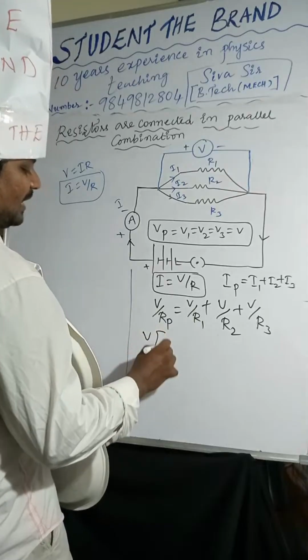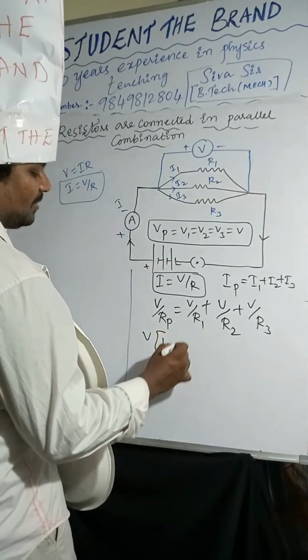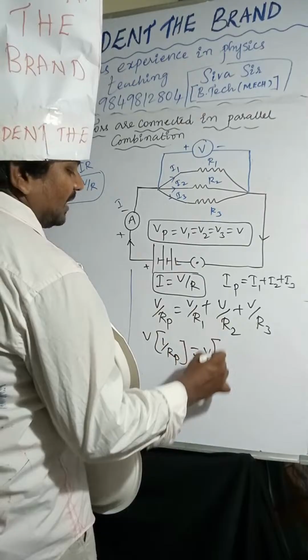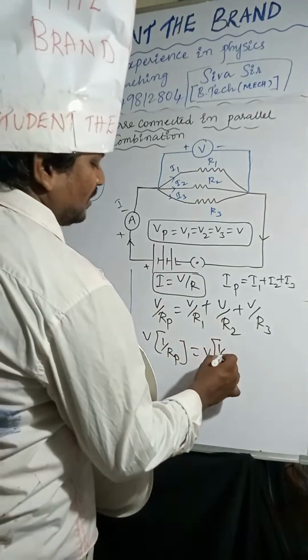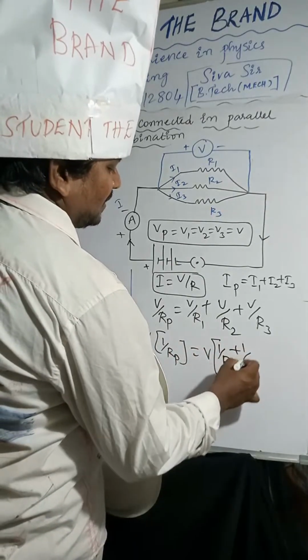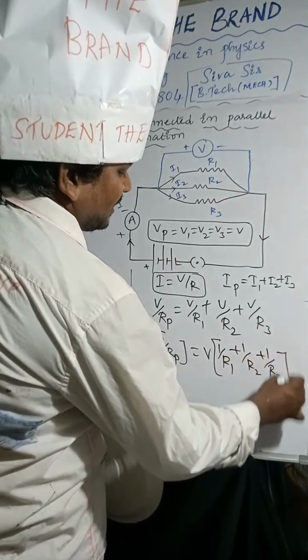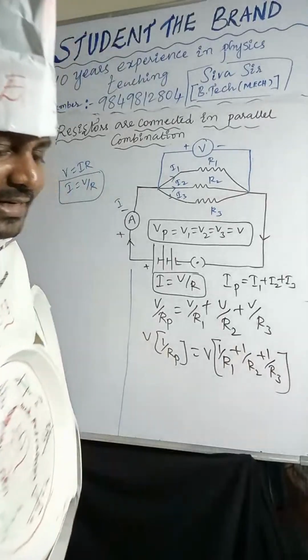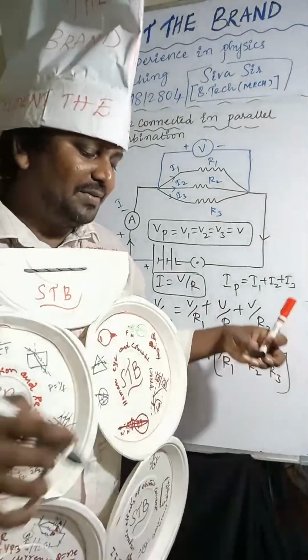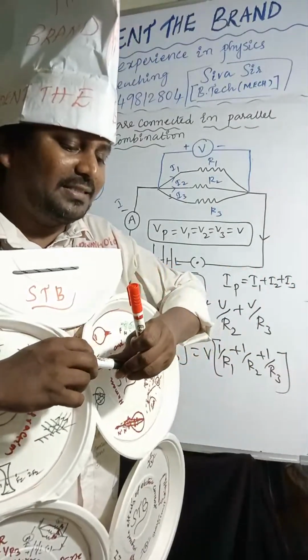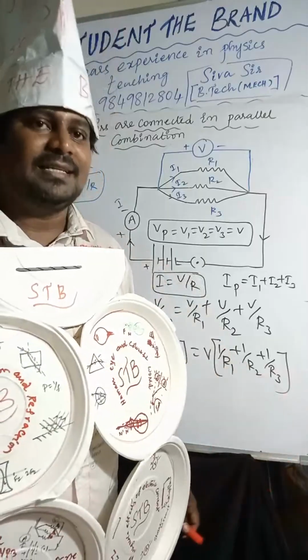Now we can take V common, so 1 by R1 plus 1 by R2 plus 1 by R3. V will get cancelled.